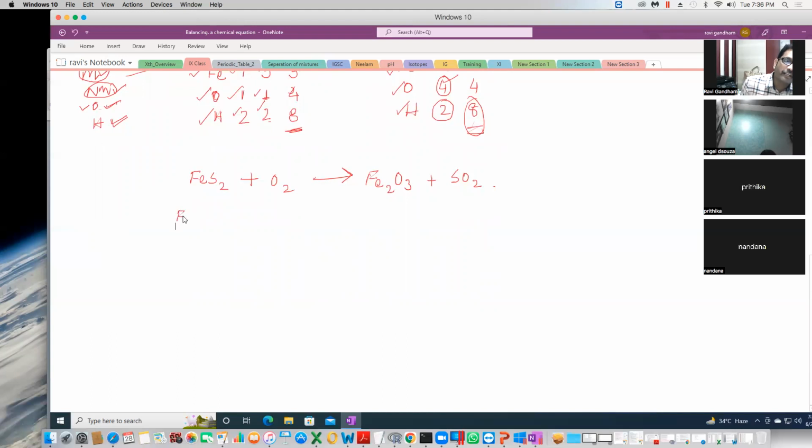Please let me know how many atoms of iron, sulfur, and oxygen are there on the right hand side. 1 atom of iron, and sulfur 2, right? Yeah, and then 2 oxygen. Let's put down the same here.